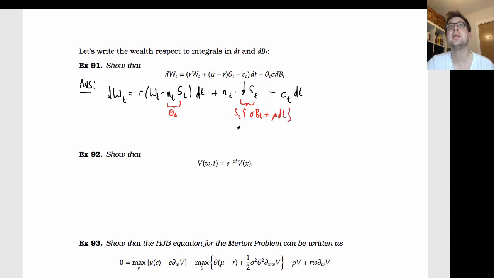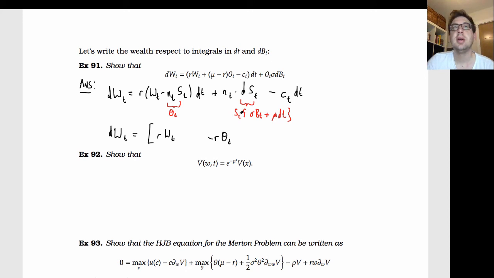Which was this. What I'm going to pick up from this expression is I've got r of W_t. So let's look at all the dt stuff. We've got r of W_t, and then minus r of theta times dt.